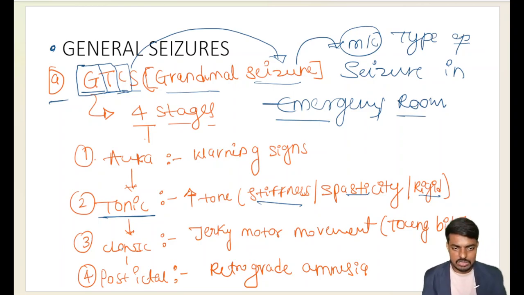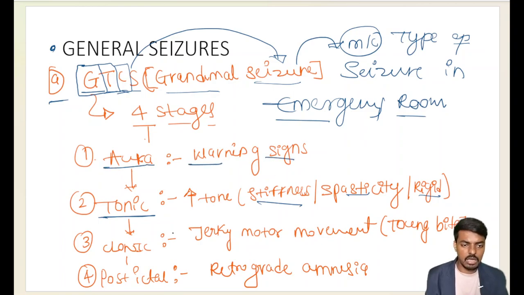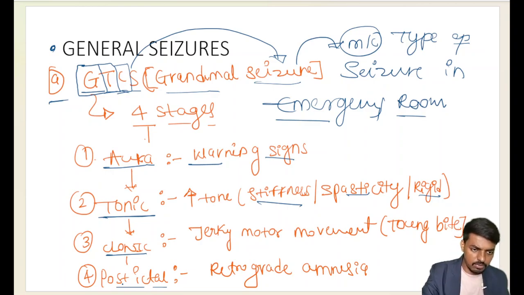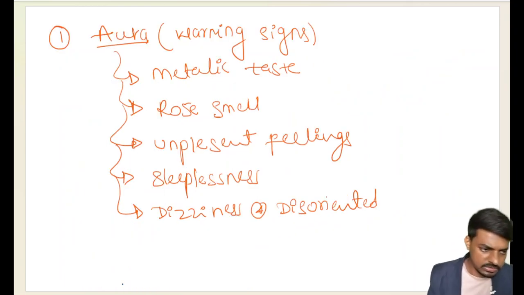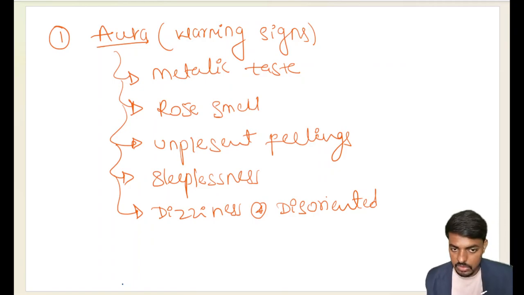Okay, so we have four stages of the generalized tonic-clonic seizure. First the patient may get the aura, the warning signs of the seizure, and after that there is the tonic phase and clonic phase, and after that the post-ictal phase, meaning after the seizure. We will discuss each and every point here. That is very important for the NORCET exam purpose.